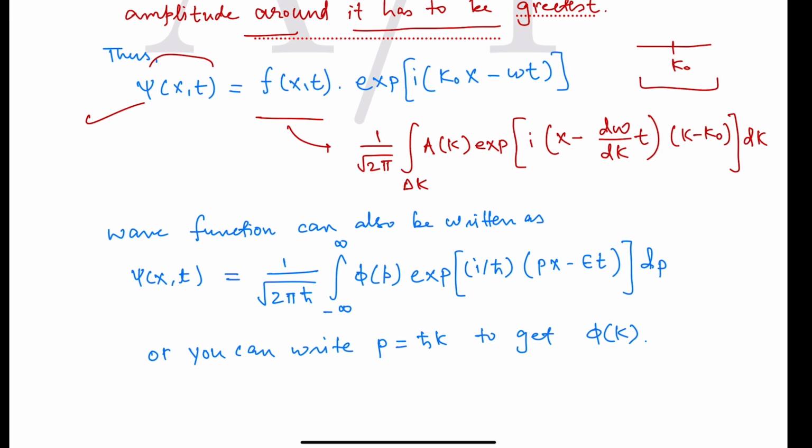So this is the complete short note on how you get the complete wave function which describes the particle. And if you are familiar, this d omega by dk is nothing but the group velocity.